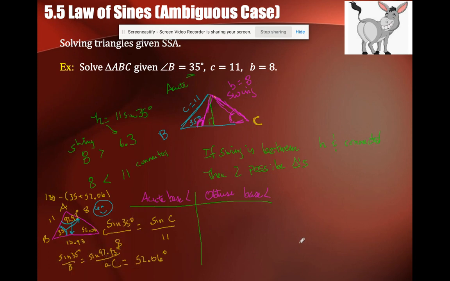Let's go to the obtuse case, right? So this triangle looks like this. There's my 35. Right, so I need to find this angle.